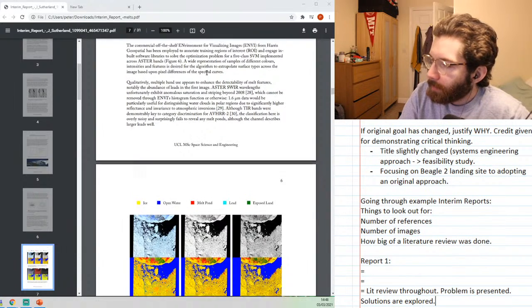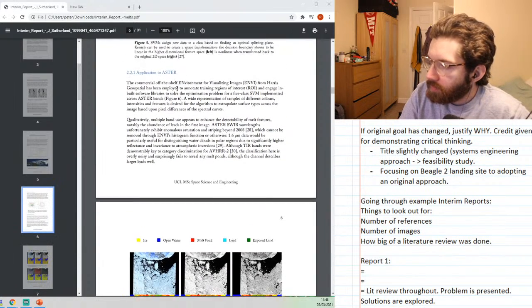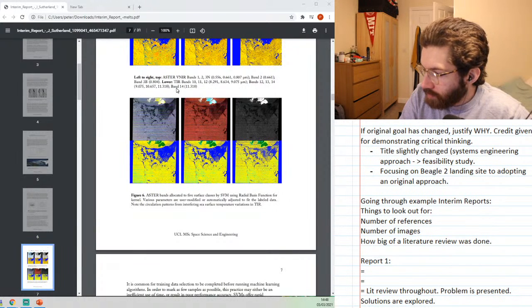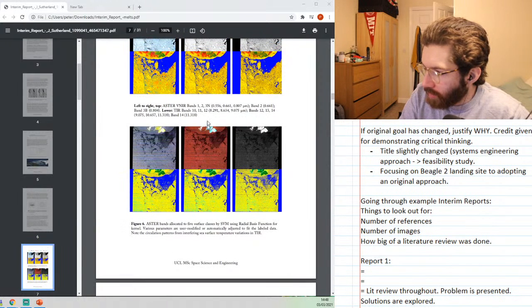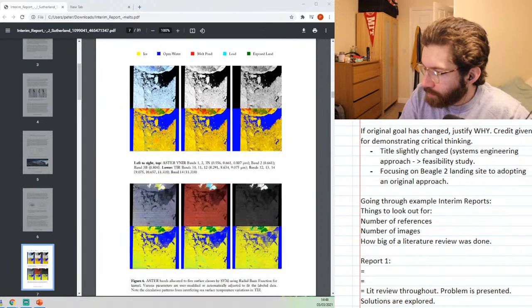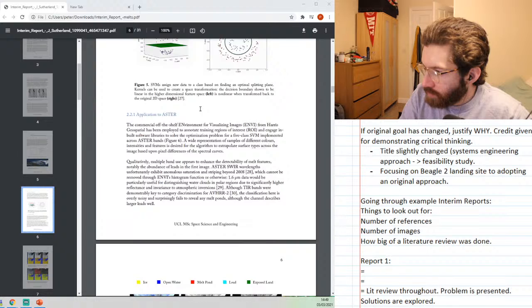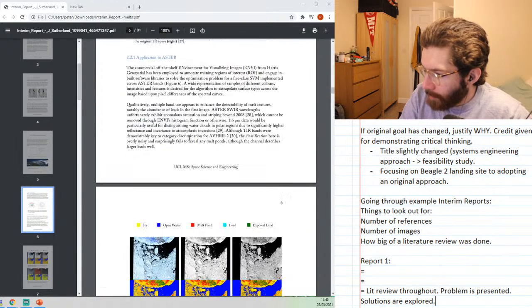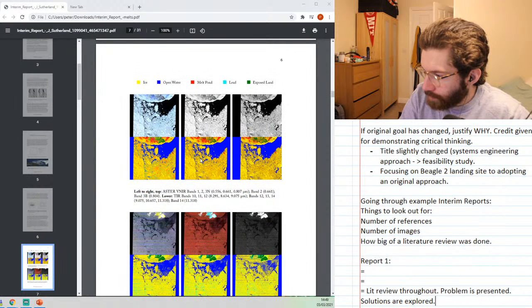Oof. Is this? Okay, so this is from a paper. I think figure 6 is original.